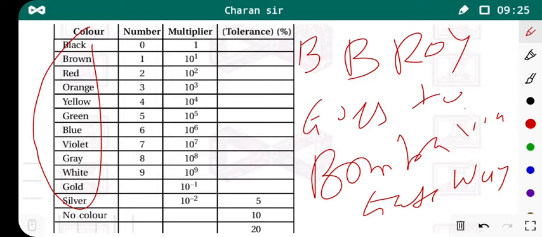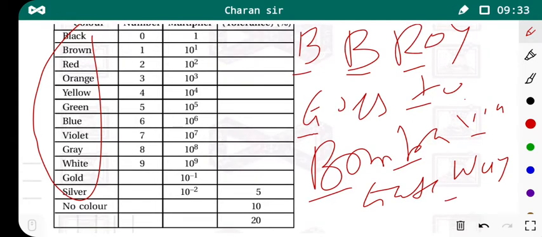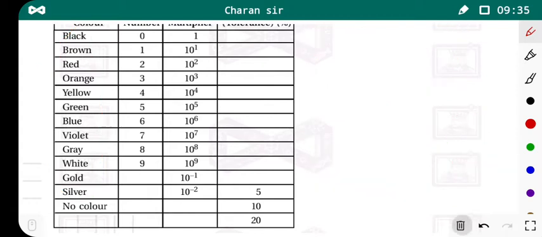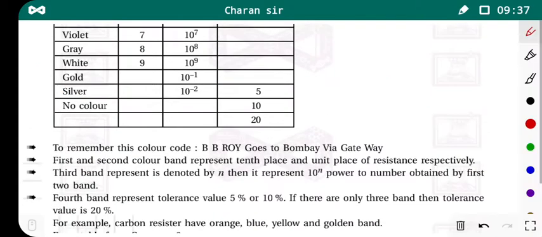Also notice that here the capital letters give the color names. You can see this sentence given here: BB Roy goes to Bombay via Gateway. The capital letters give the names of the colors.